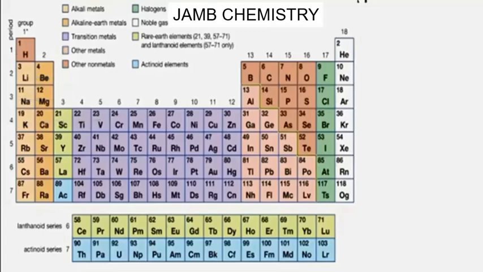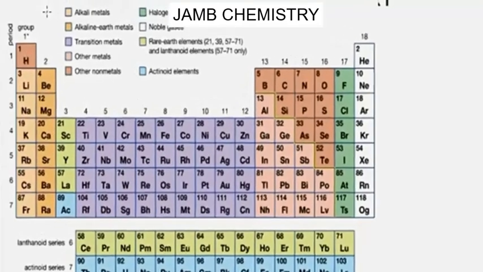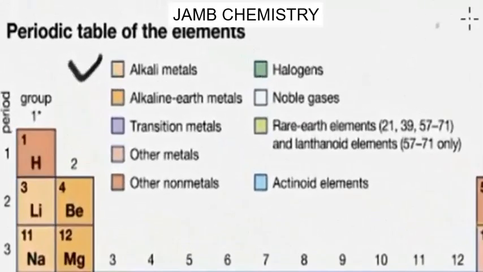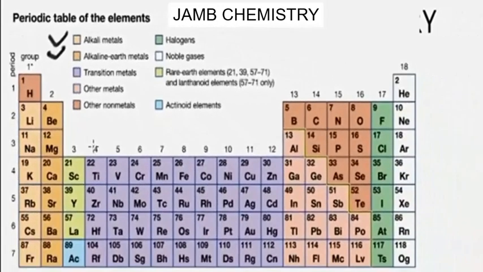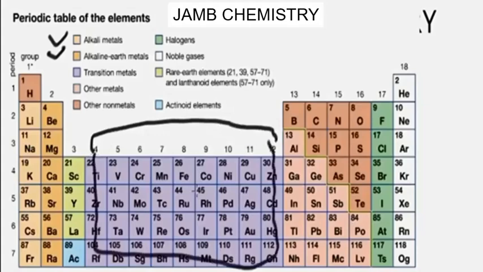Now, the next thing you have to know is what these groups are called. In the periodic table, the group 1 elements are called the alkali metals. Group 2 elements are called the alkaline earth metals. If you check the elements in this column, from here to here, all the elements in this color are referred to as transition metals.